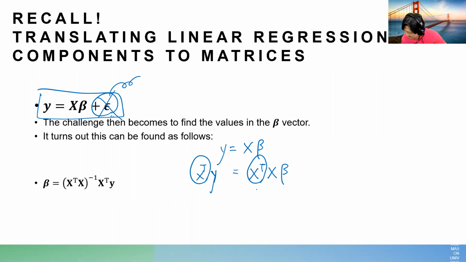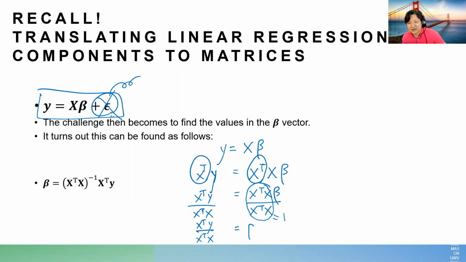And then I divide by this relationship. These two things are the same, so it will be 1, so this will be beta.